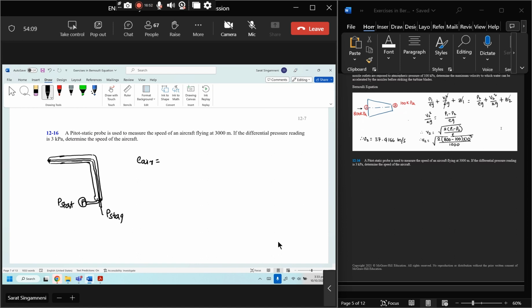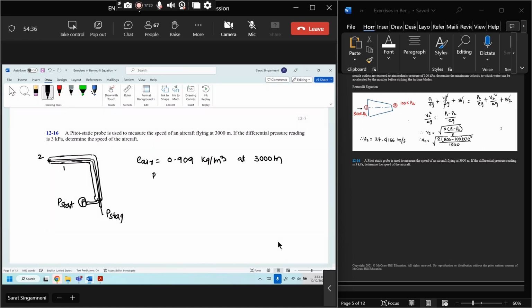You don't need to remember this. 0.909 kilogram per meter cube at an elevation of 3000 meter. This is data given. And let's say this is point 1 and this is point 2.